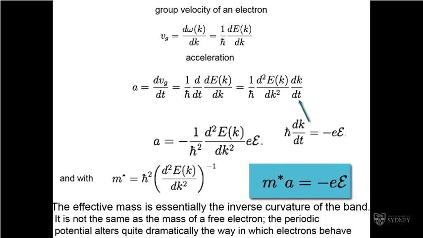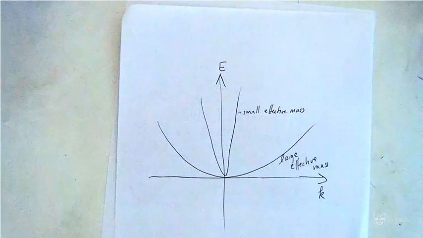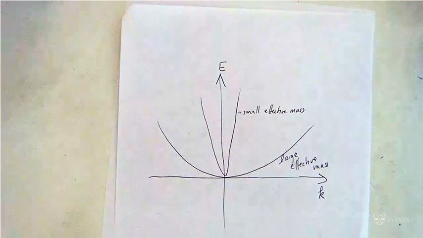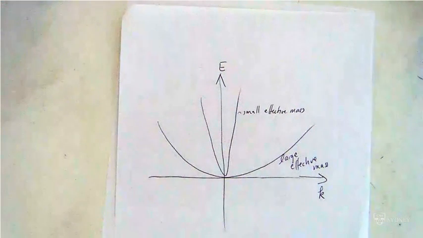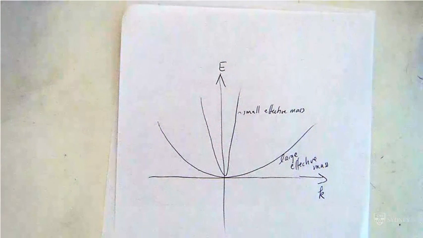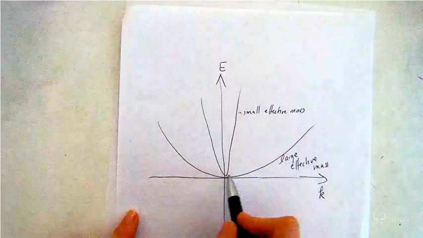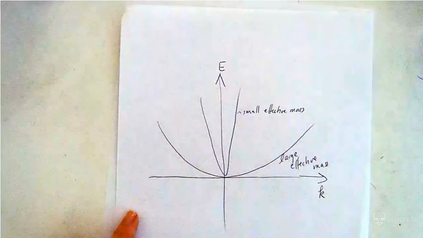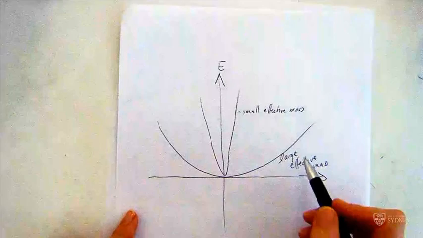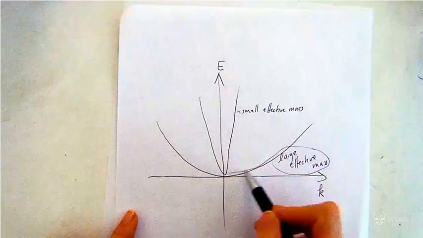Okay, so what does it mean here? Each material has its own particular band structure. So if we have this very simple situation here, if you have a band here that has a very low curvature, then this band will have a very large effective mass.